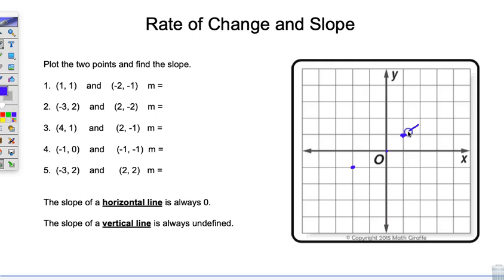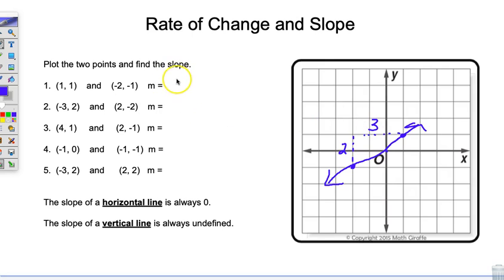So here's my first line right here. Kind of sloppy. But you can find the slope simply by counting now because you have your 2 points. So I'm going to go up 2 and over 1, 2, 3. So when I went up 2 units right here, because I'm going up, that is my rise. When I go over to the right, that is my run.